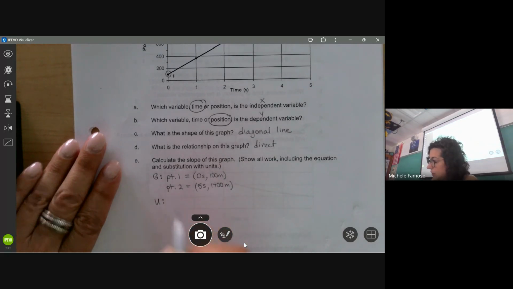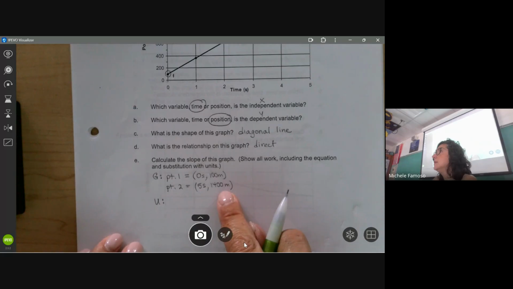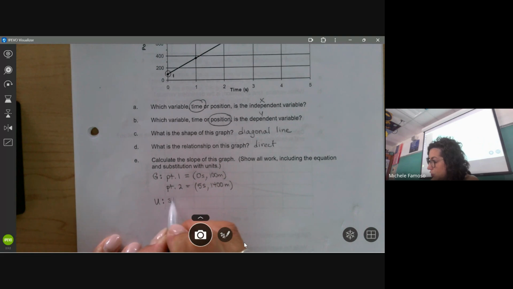Okay. Any questions on the givens? Notice I put units after every number. The unknown is the word slope. The equation we're going to get from our reference table, page 7: slope is y2 minus y1 all over x2 minus x1. Now you're going to do your substitution with the units.